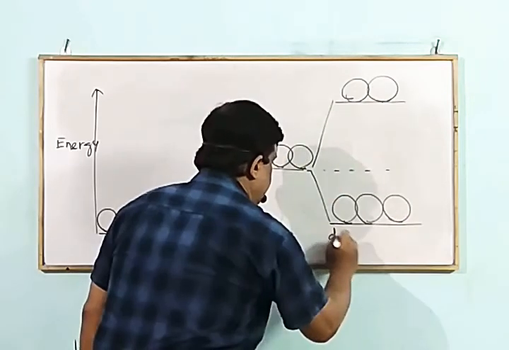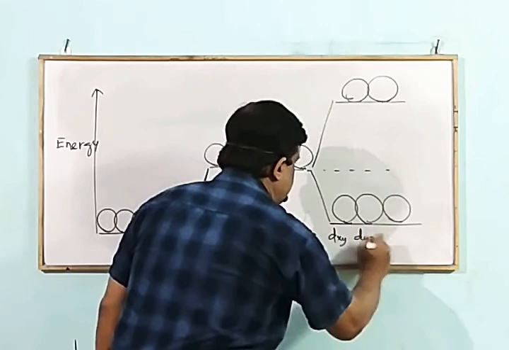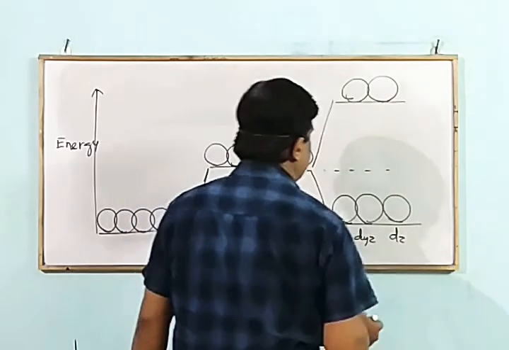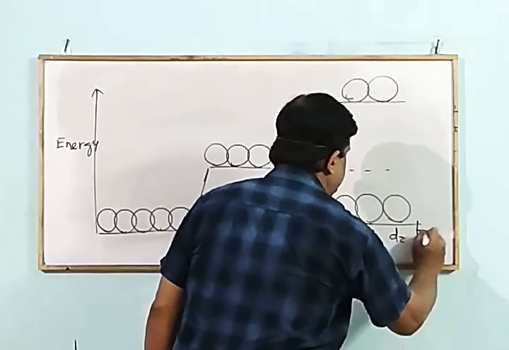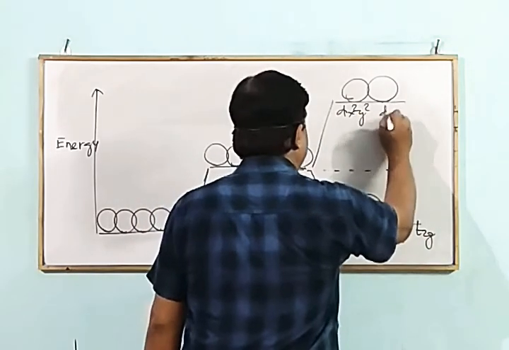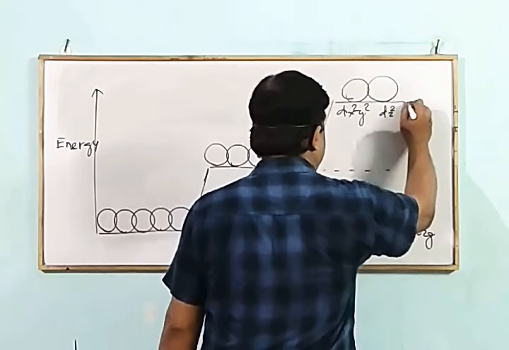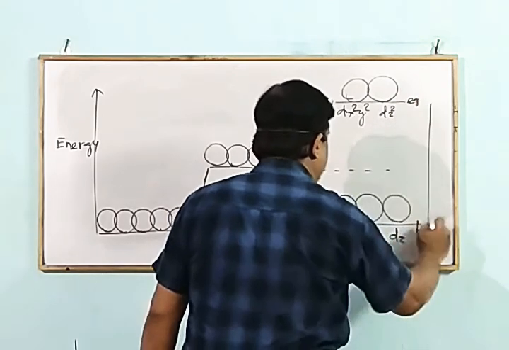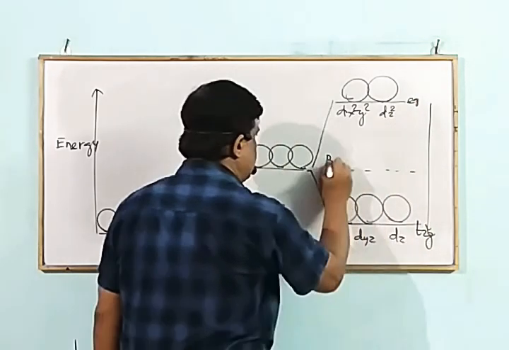It is known as dxy, dyz, dzx. This set of orbitals is known as T2g. It is dx square minus y square, dz square. This set of orbitals is known as Eg. The center is known as the barycenter.